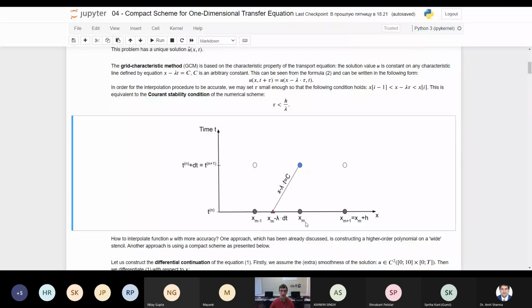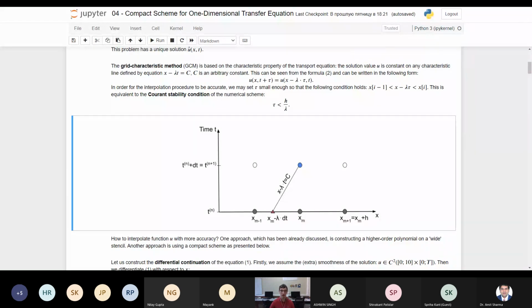X with subscript m is the current point, and we have the nearby points given by indices m-1 and m+1. The other axis is the time axis.